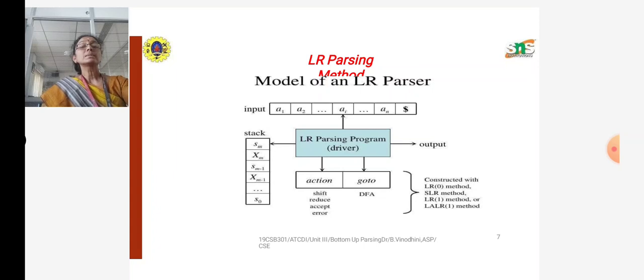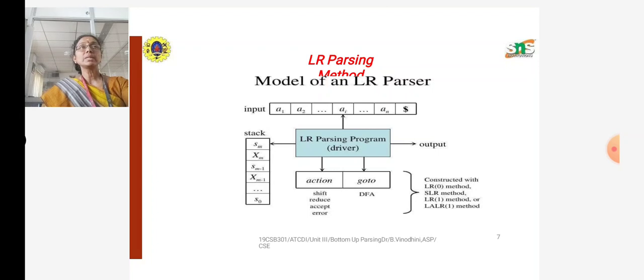The top of the stack is compared with the first symbol of the input buffer. If the input symbol is shifted and the shifted input string has a reduced non-terminal, it is replaced.